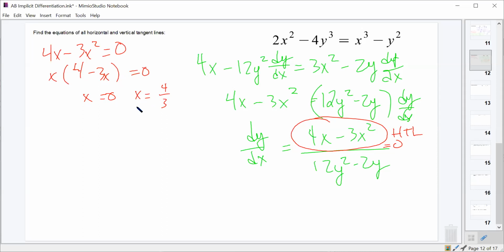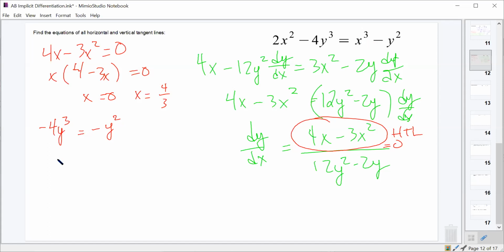Okay. So then what we need to do is plug x equals 0 back into the original equation to find the y value, because we're looking for a horizontal tangent line, and that's a y equals equation. So if x equals 0, we've got negative 4y cubed equals negative y squared. Everybody good with that? Okay.